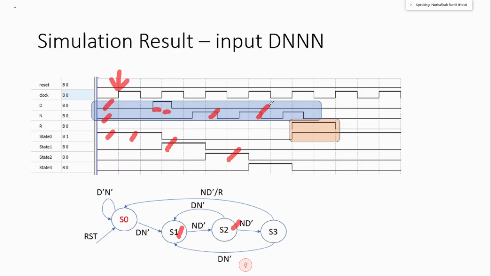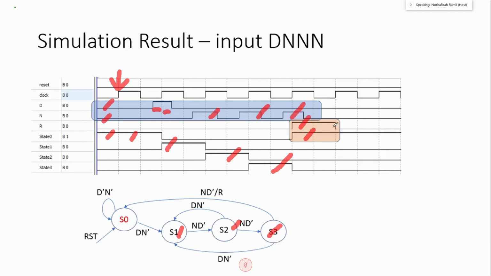Then you receive another N, you go to state 3. Now, looking at the R, nothing here except for here. When you receive another N, the third N, the state goes back to S0, and the R is triggered.